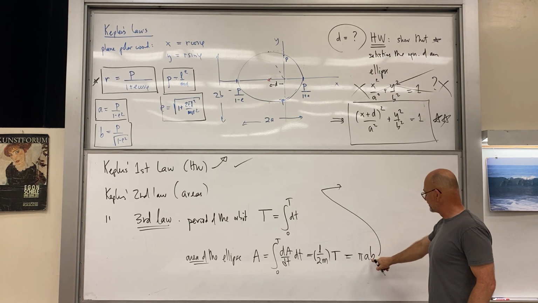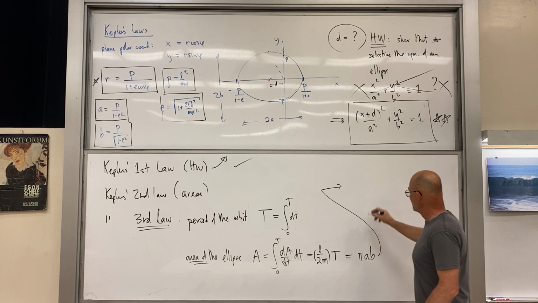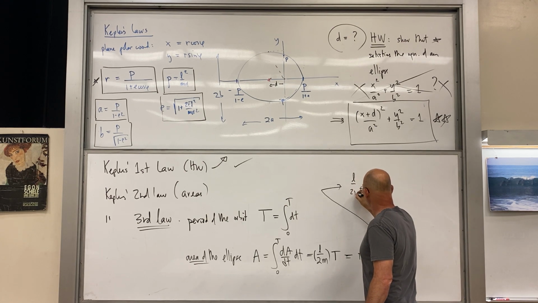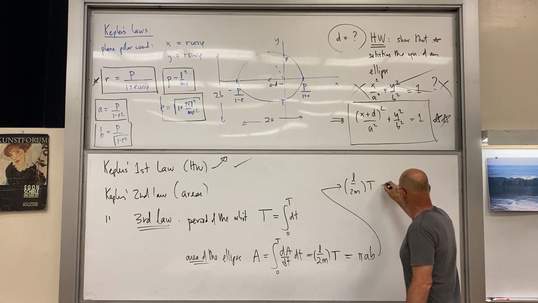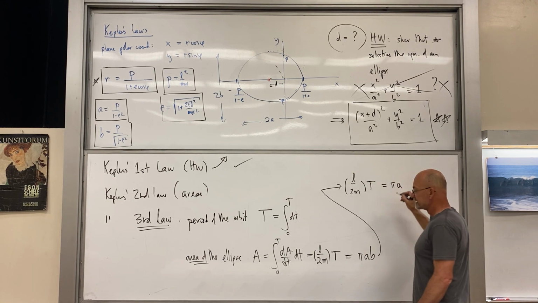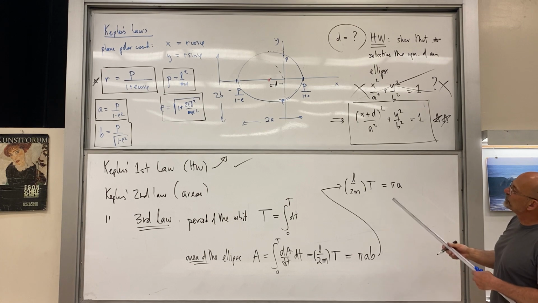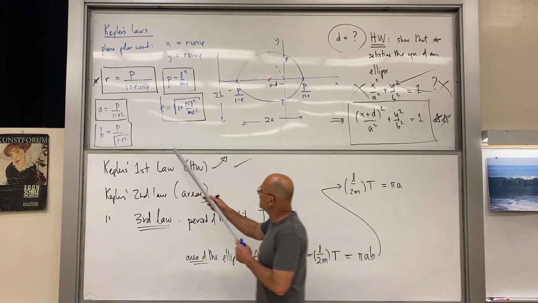So now we just have to write L over 2m times T equals pi times a times b. Now where is b?